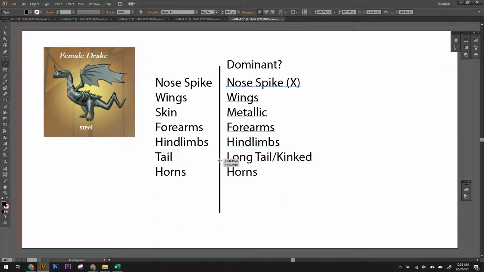So I'm going to underline that so that we remember that that one is the most dominant of those 2 traits. And then this is a key one. That's going to be easy to mess up. No horns is a dominant trait. Okay.